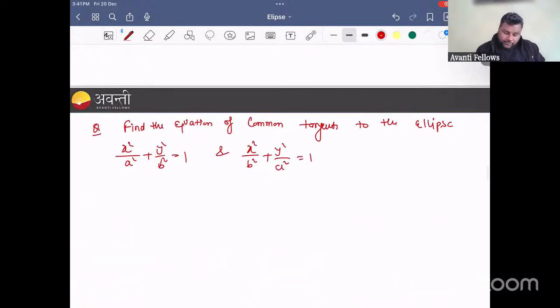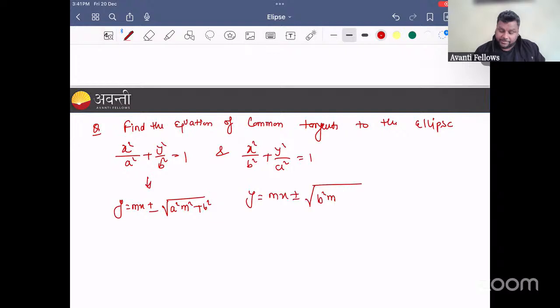So if I look for the tangent of this ellipse, tangent will be y equals mx plus minus under root of a square m square plus b square, correct? For the second equation, tangent will be y equals mx plus minus under root of b square m square plus a square.